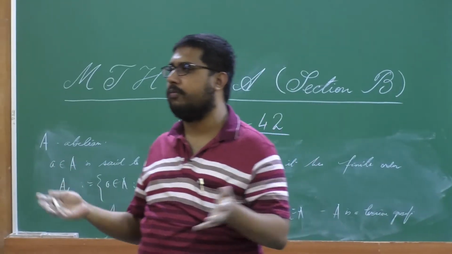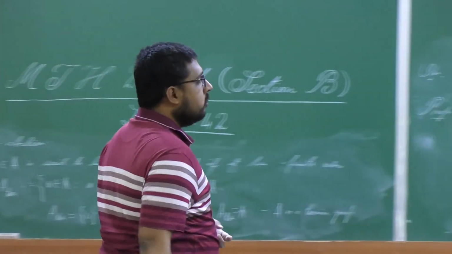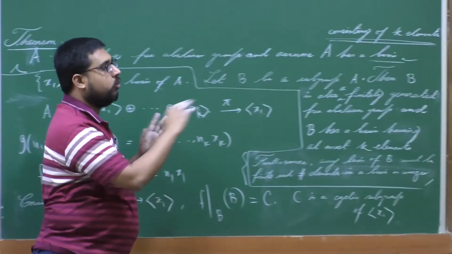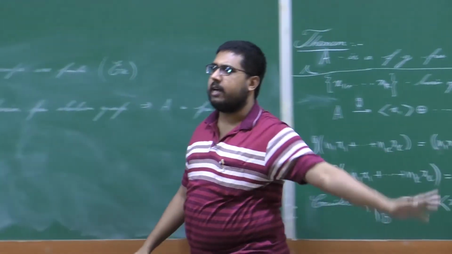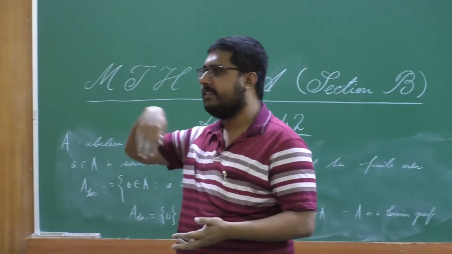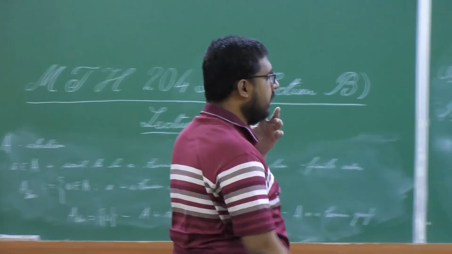Because for free abelian groups we said finitely generated if it admits a finite basis. So I leave that part to you, that for a free abelian group it has a finite generating set if and only if it has a finite basis.